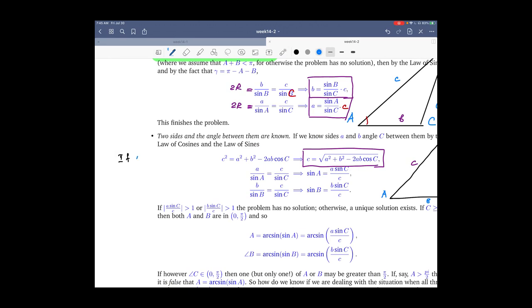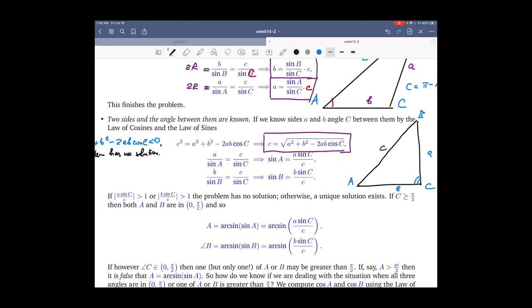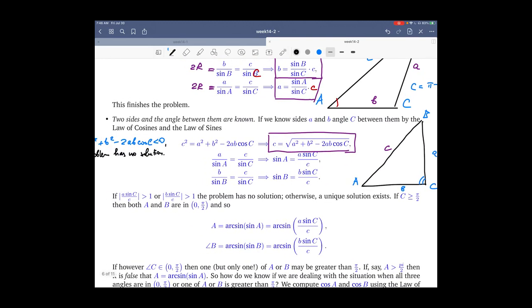If a squared plus b squared minus 2ab cosine C is negative, then of course the problem has no solution. If one of these expressions by absolute value is greater than 1, of course there is no solution, because sine A and sine B by absolute value have to be at most 1.